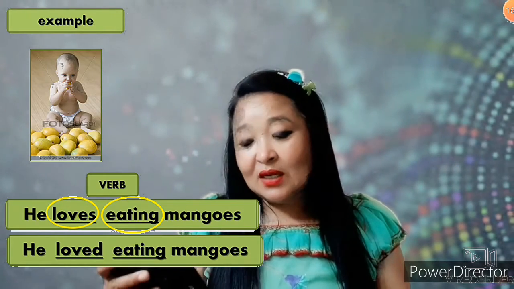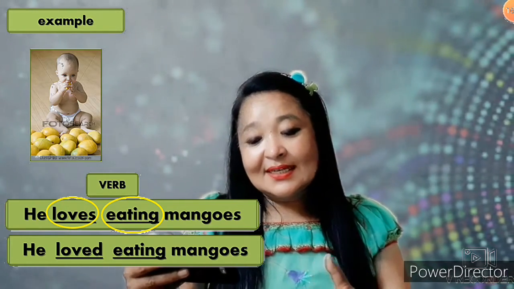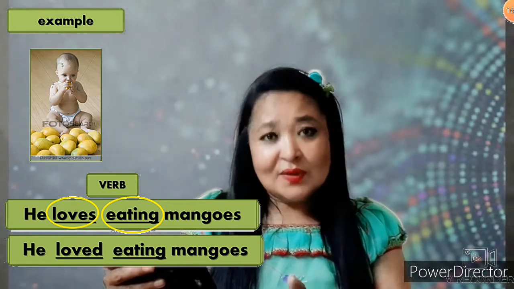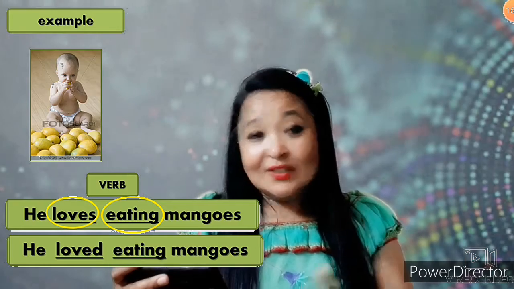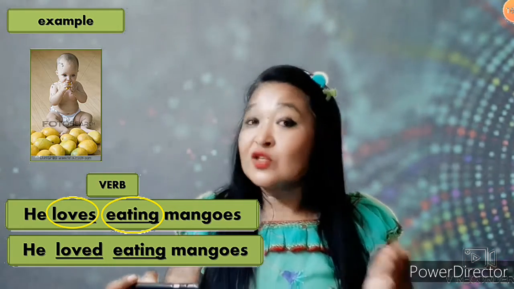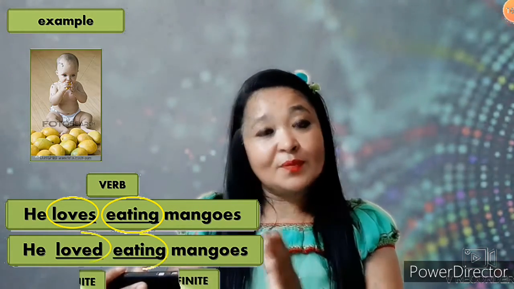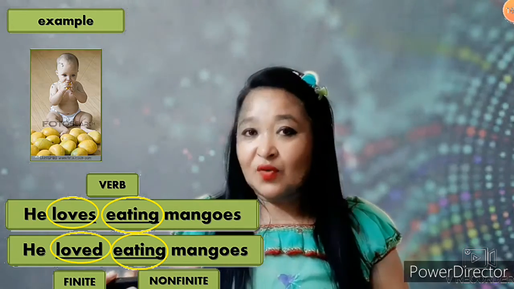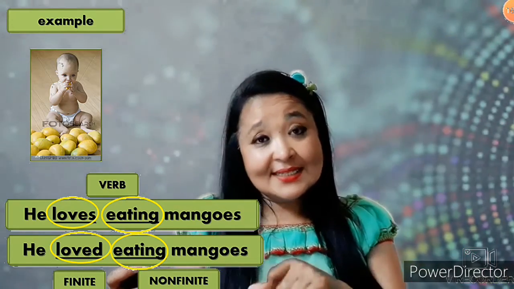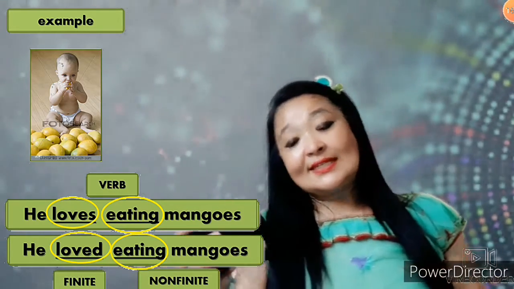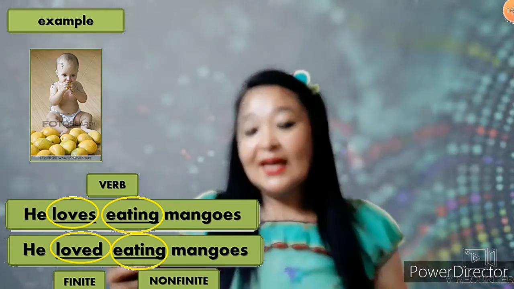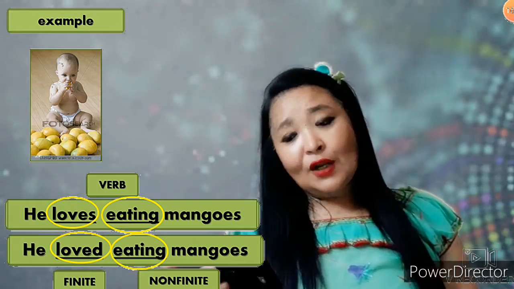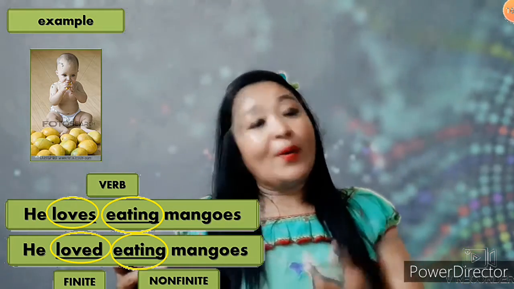In the first sentence, eating is present continuous tense. In the second sentence, it is past continuous tense, right? So tense is not changed. So the verbs whose tense cannot be changed are called non-finite verbs. So in one single sentence itself, we saw two types of verbs. One is finite and the other one is non-finite. Okay.